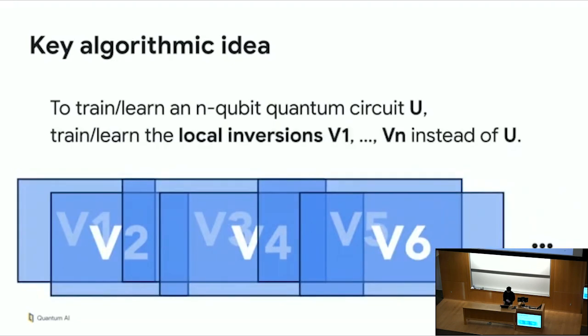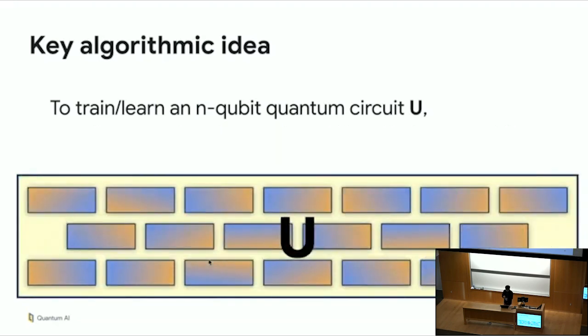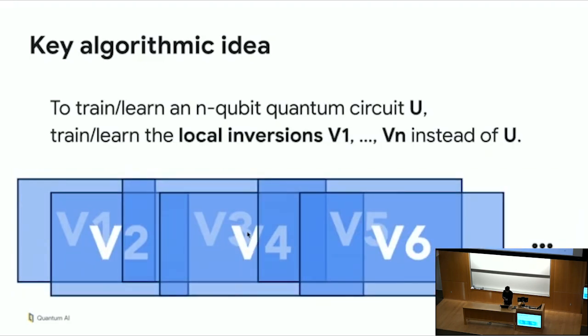On the other hand, what happens in the local inversion case is that one way to think about it is like an over-parameterization. Each of these gates, if it's involved in different constraints, would now appear in multiple of these blocks.